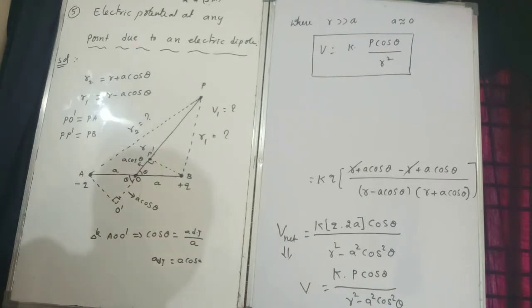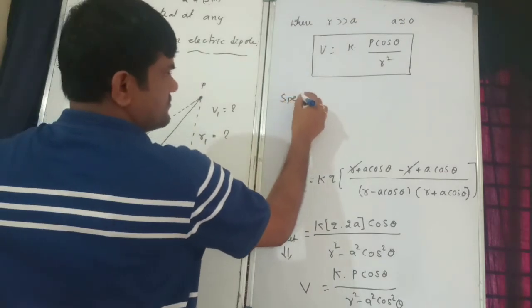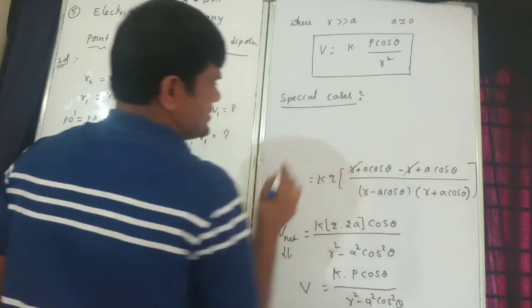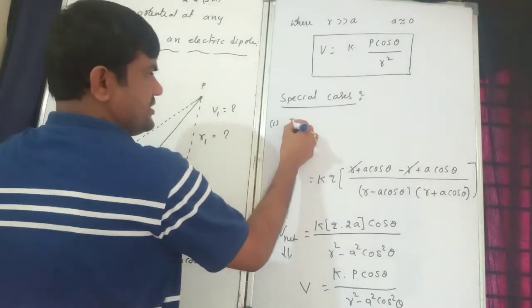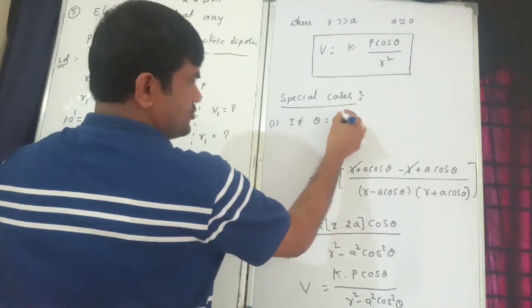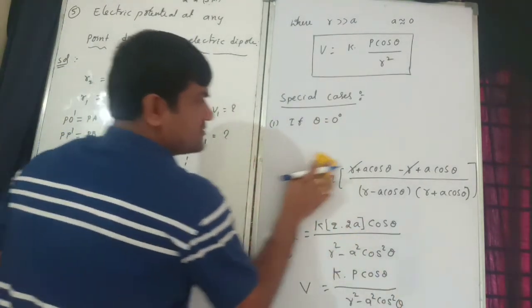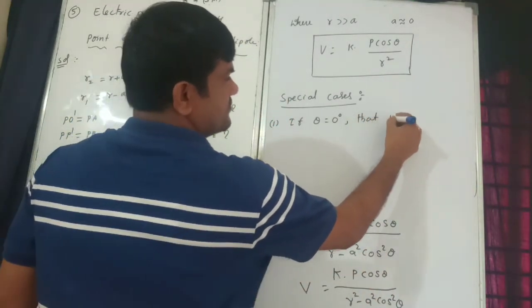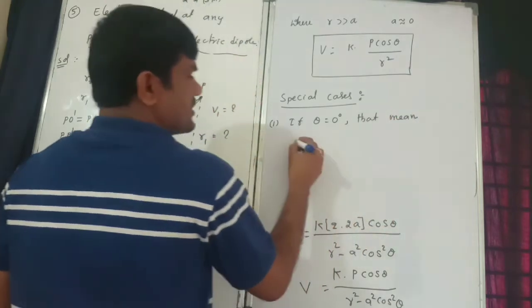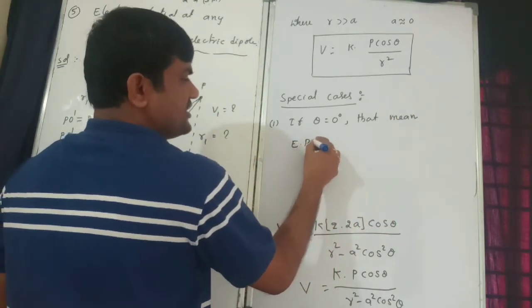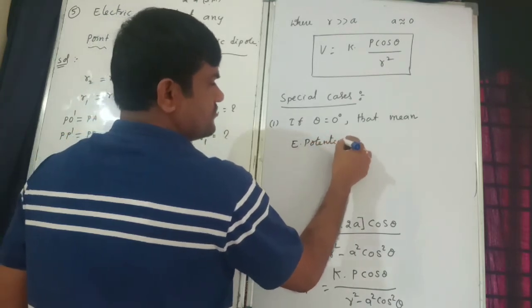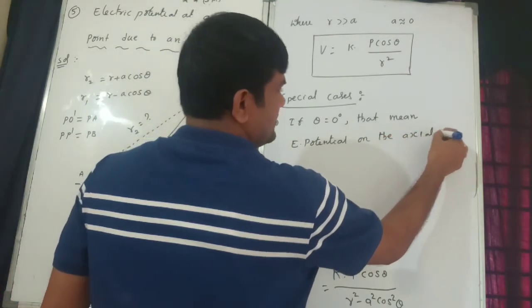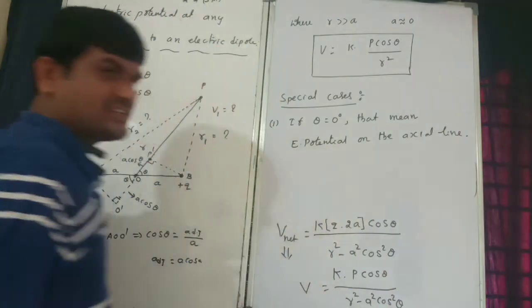Now special cases. First one: if theta is equal to 0 degrees, that means electric potential on the axial line. Correct or not?